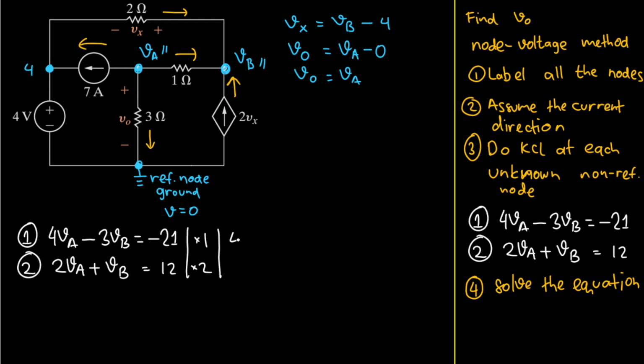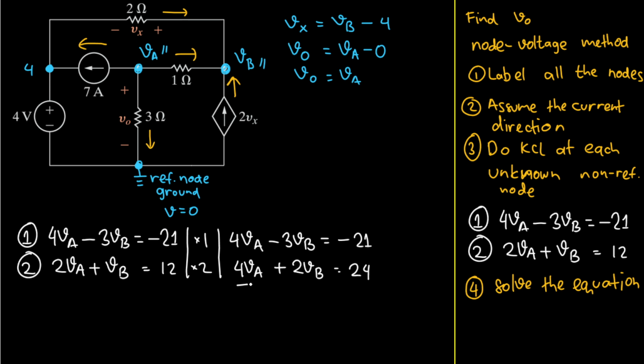So the first one will be 4VA minus 3VB equals minus 21. But then here I will have 4VA plus 2VB equals 24.